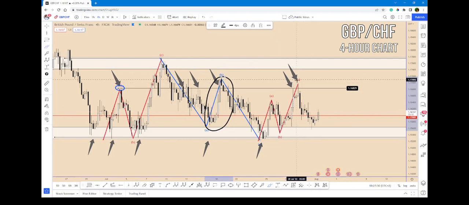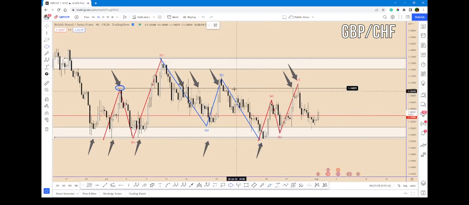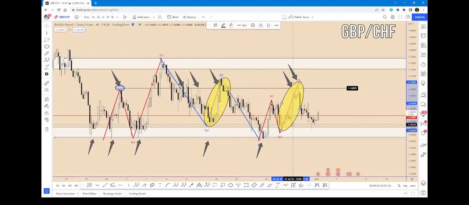So we can have a premature move for the bullish movement like this one, or probably like this movement here. Let me make it in this way. We can have these movements that didn't reach the strongest support area on the lower part of the structure, and this is a potential movement again.